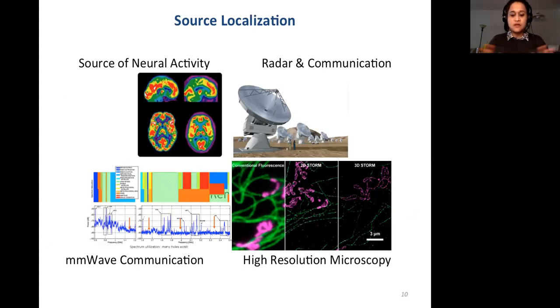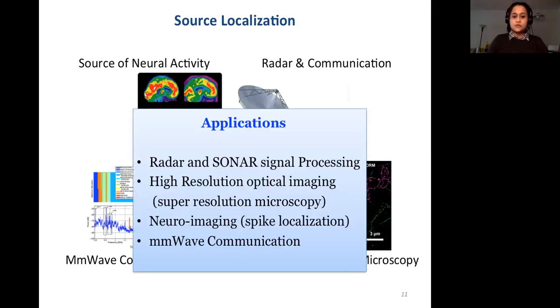So it arises in apparently diverse applications such as super resolution microscopy, to neural decoding of neural spiking activity, to radar target localization, and more recently in millimeter wave communication, where the channel is specular and sparse, and it exhibits sparse scattering, which makes the problem of channel sensing very similar to that of direction of arrival estimation. So these are the applications of this problem.